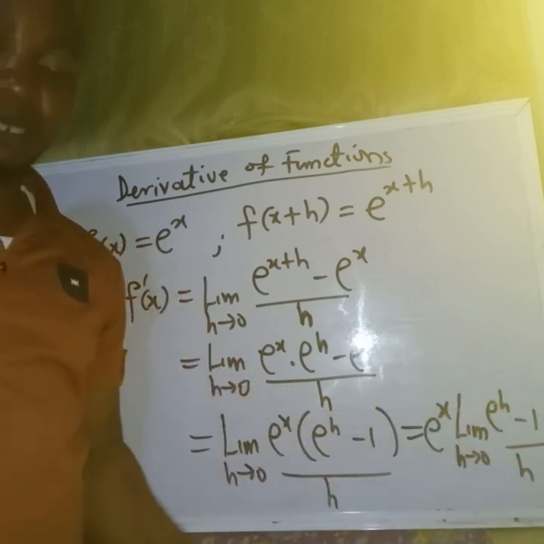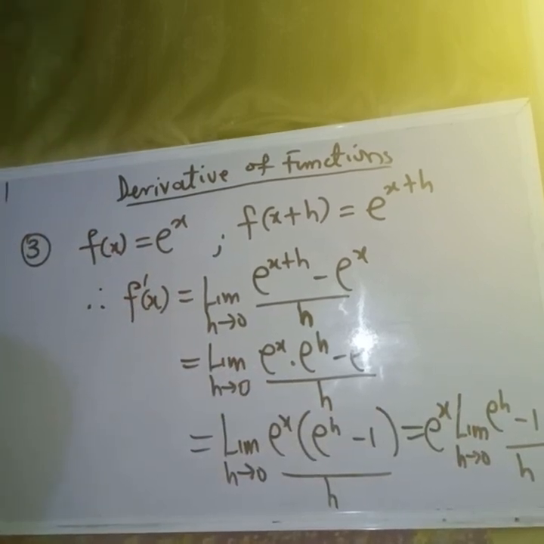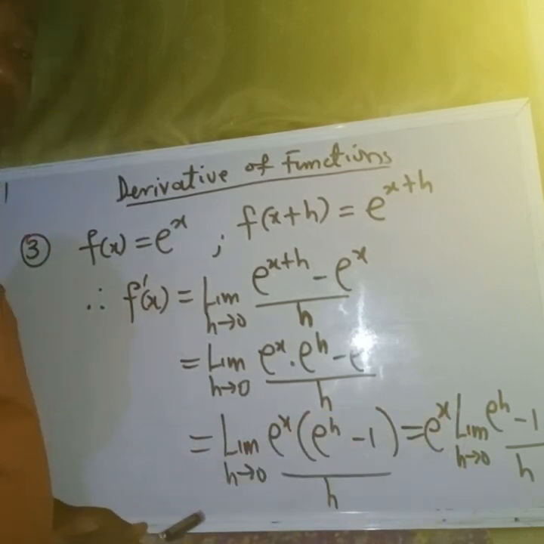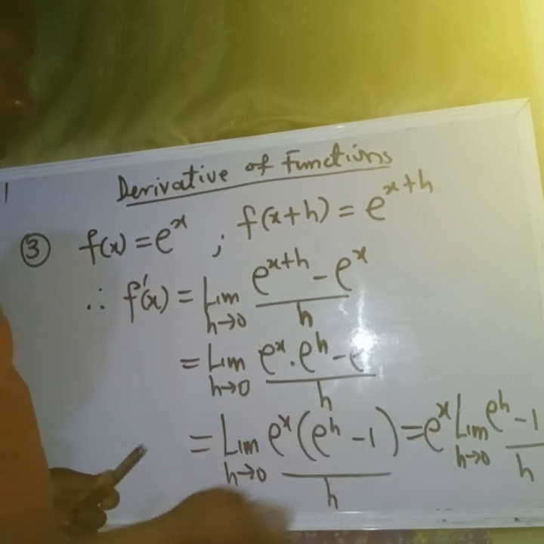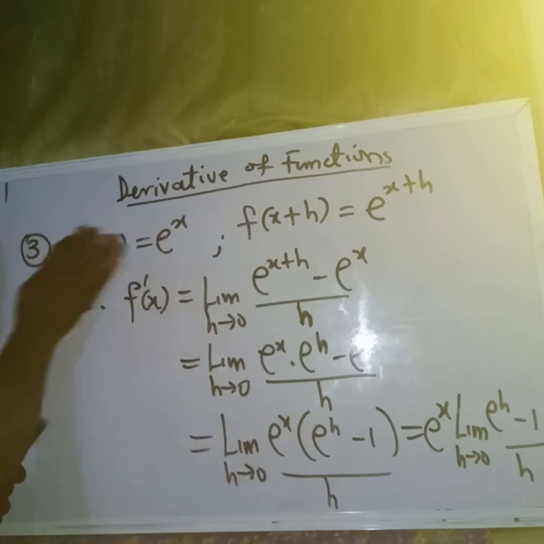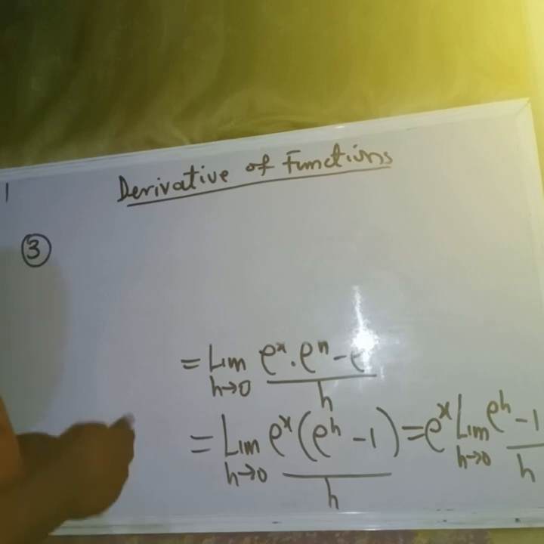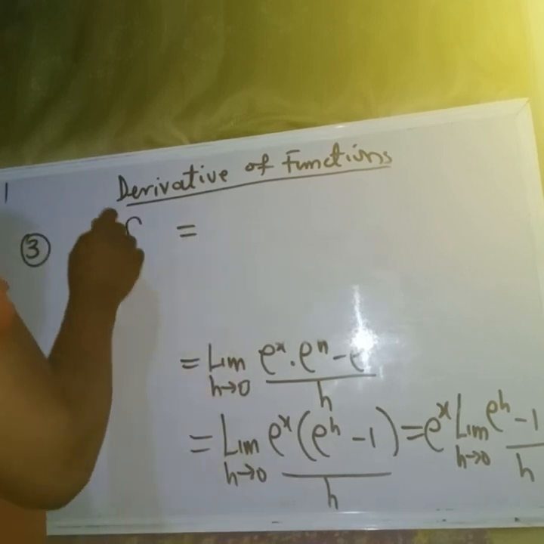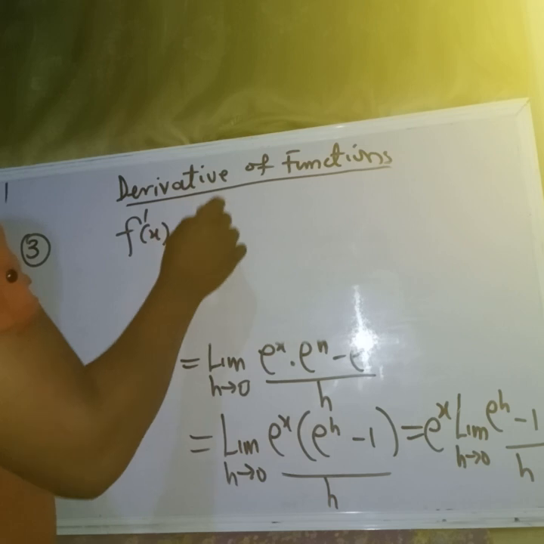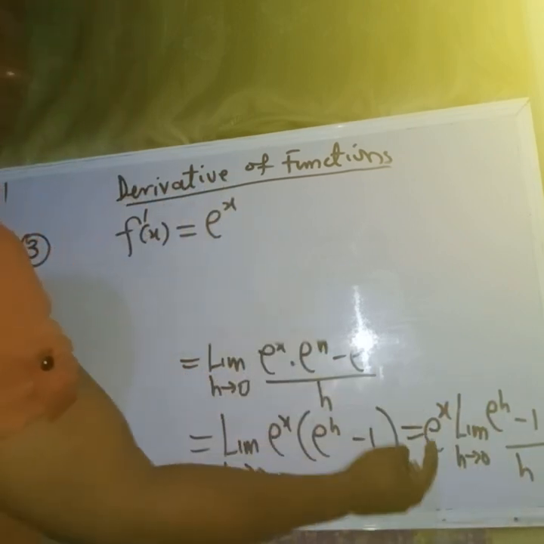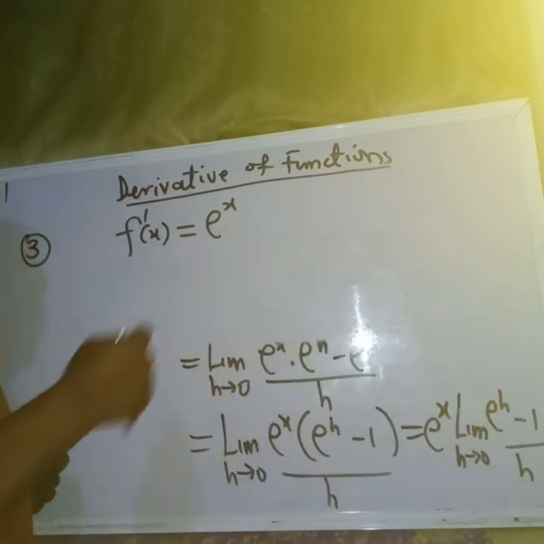Under the standard limit, as in our previous video, when we have something like this where the variable of the limit is h, when we apply that, we see that the limit of that is 1. And accordingly, f prime of x there is exponential x, since the entire limit is 1. So exponential x multiplied by 1, we have this.